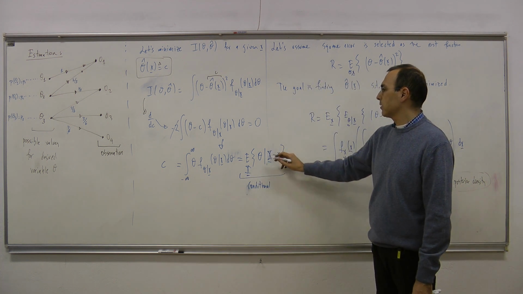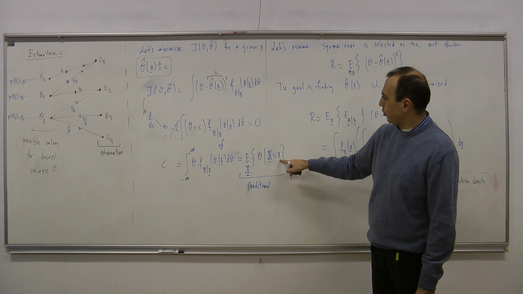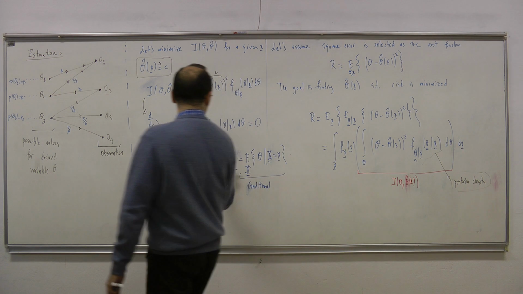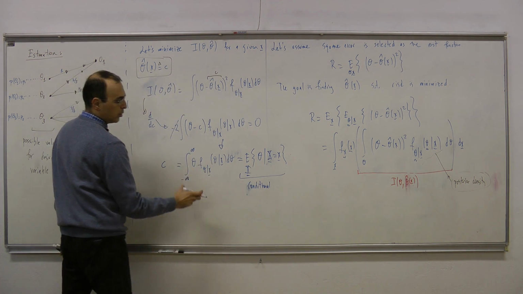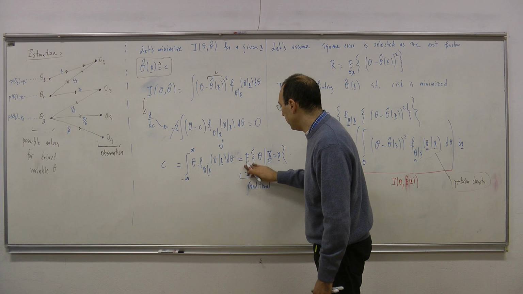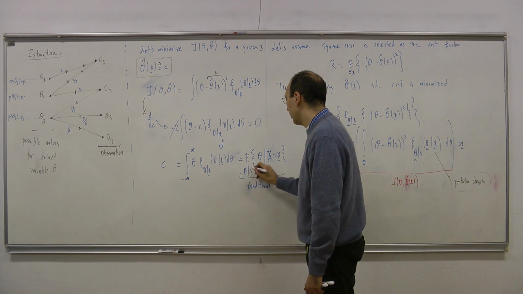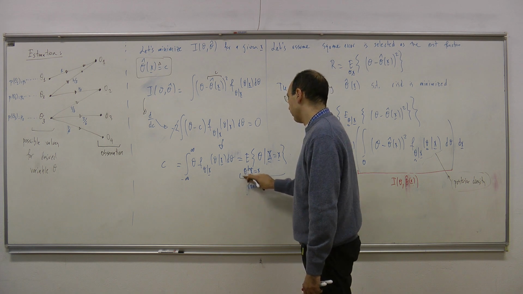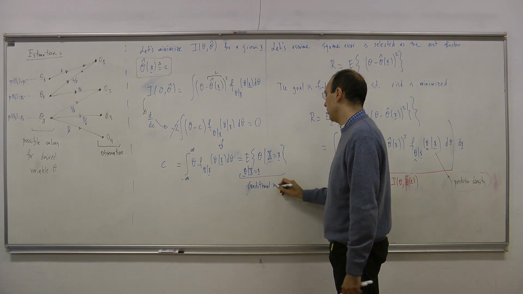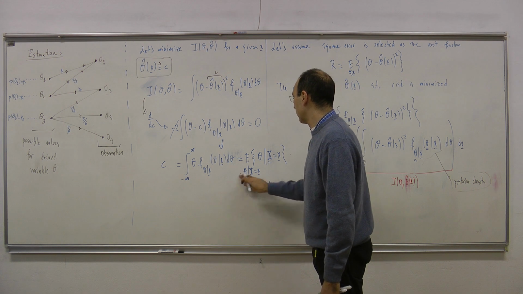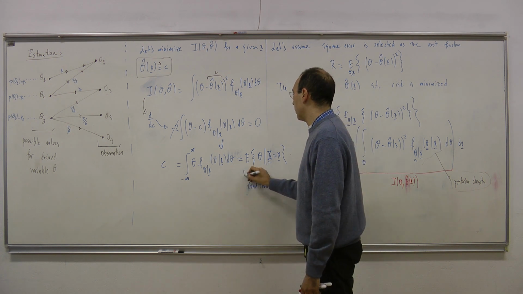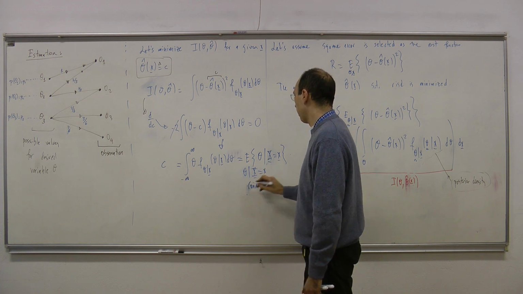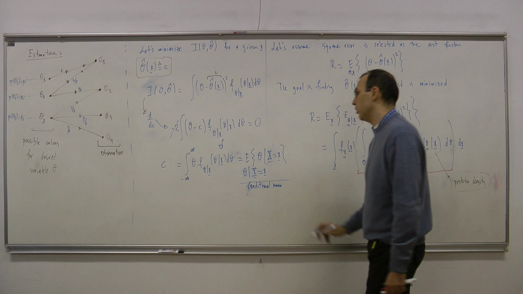When this capital X random vector is equal to our observation vector, I calculate the mean of theta according to this conditional mean. Theta given X is equal to x. So let me write this bigger. Theta given X is equal to x. And this is what's called the conditional mean.